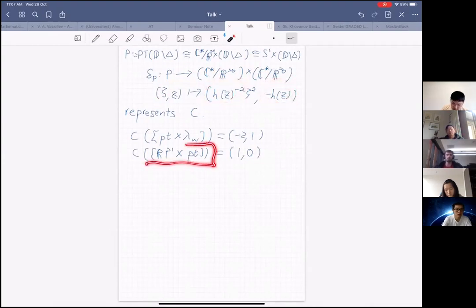How about this RP1? If you put the RP1 here, it did nothing. What is HZ? Okay, HZ is actually the polynomial I used just now. It is the polynomial that gives the puncture, that has the roots as the puncture.